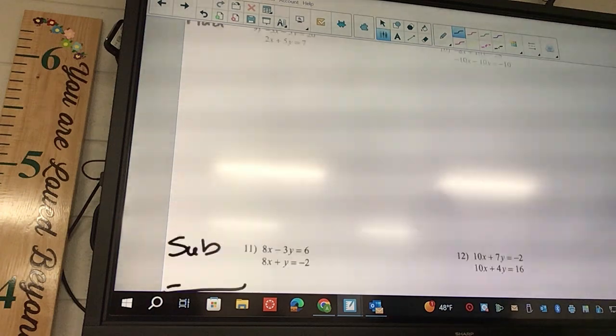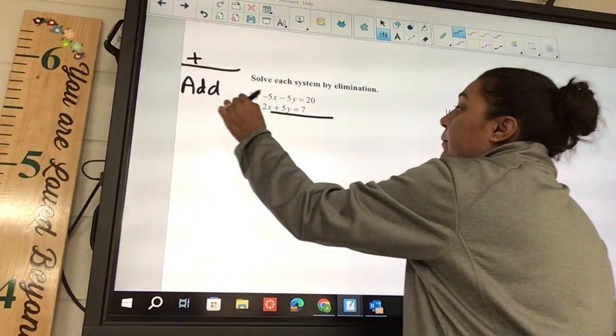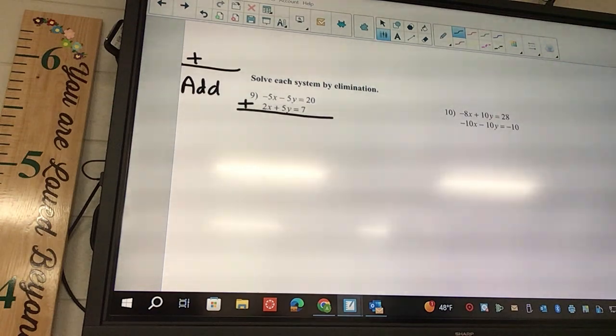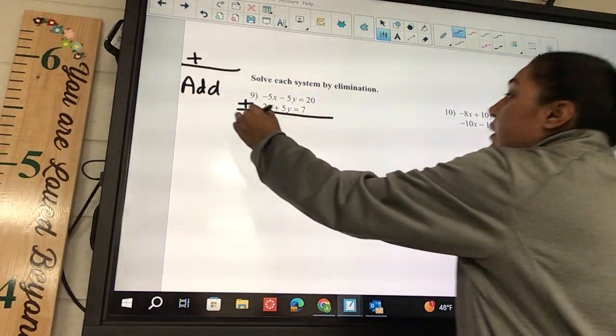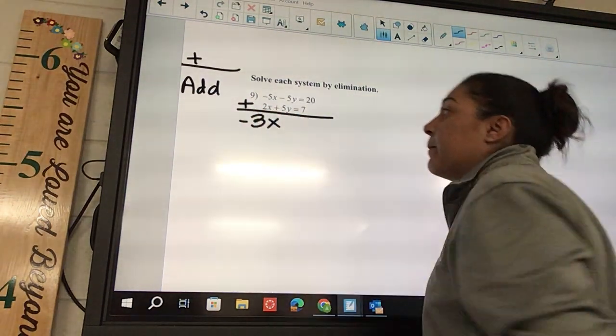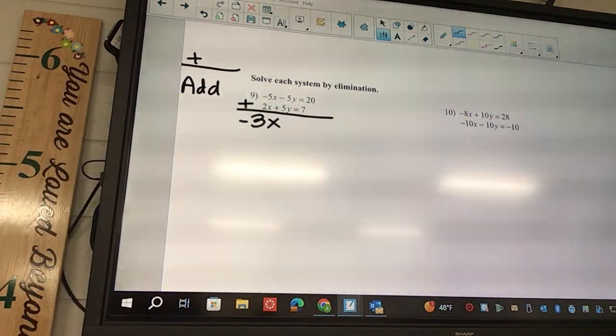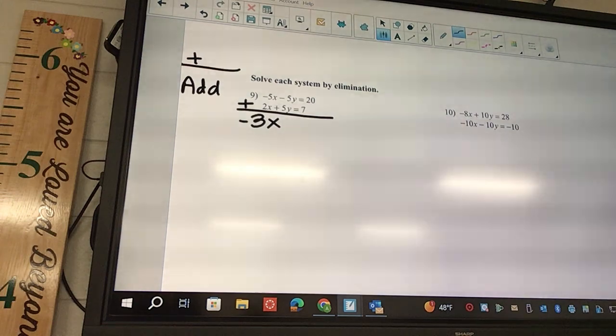So, we are going to add these two equations together. -5 plus 2 is going to be -3x. -5 plus 5, what happens? They cancel, they eliminate.